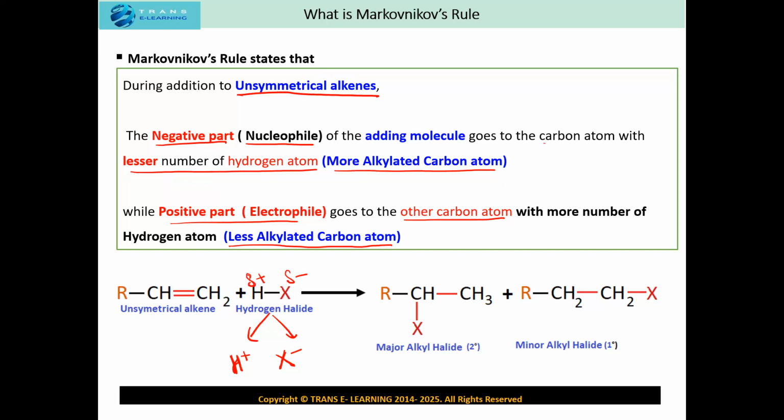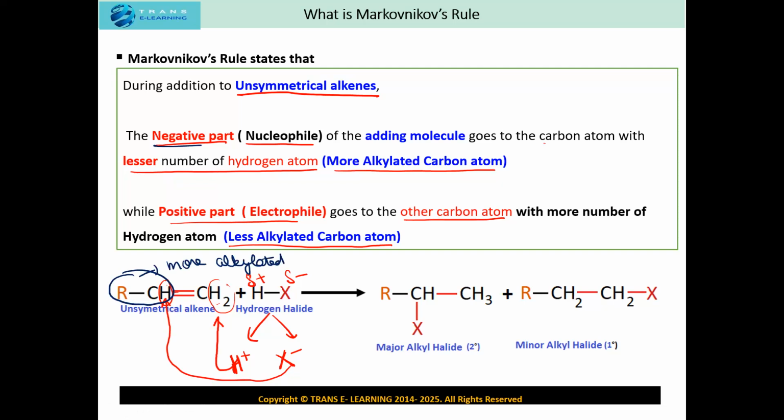So you can see here, this is the double bond. This has one hydrogen atom and this has two hydrogen atoms. So the electrophile will go to the carbon atom which has more number of hydrogen atoms, whereas the negative part will go to the one which has the less number of hydrogen atoms. This carbon atom is more alkylated because it has an alkyl group attached to it.